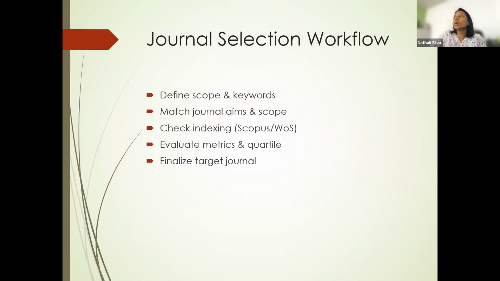Okay. So in journal selection, generally what we do is first, when we are writing an article, it is very important to identify what is the key area or the key domain that the article fits.